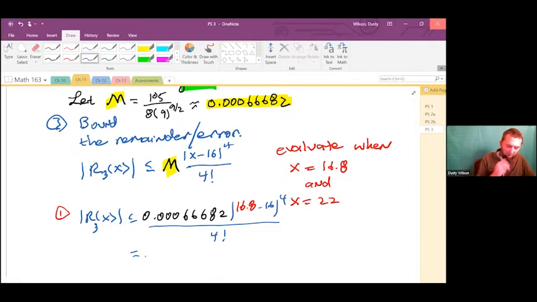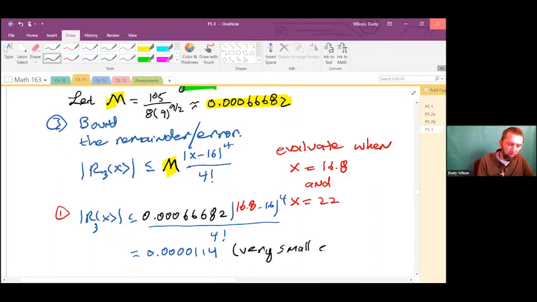So I've got that my remainder is less than or equal to 0.00000114. What I want to point out is this is a very small number. Very small error.